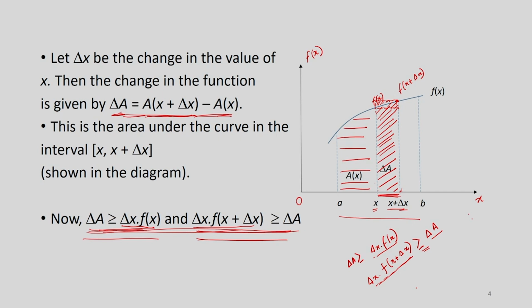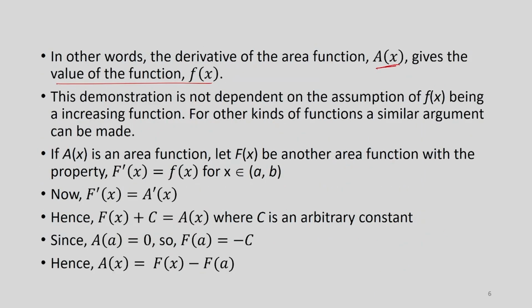Now, the question that can be asked is, suppose f(x) is not an increasing function, can we claim the same thing? Can this claim of A dash x equal to f(x) be maintained if f(x) is not an increasing function? And the answer to that is actually yes. Even if f(x) is not an increasing function, it can have other kinds of nature. In those cases also one can show the same thing. The demonstration will be similar if not the same.